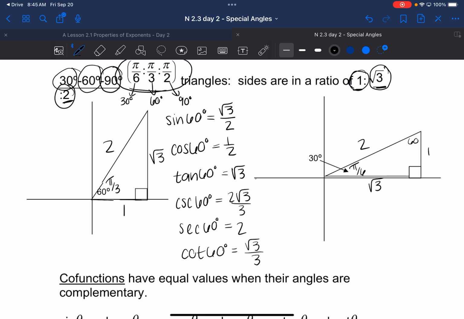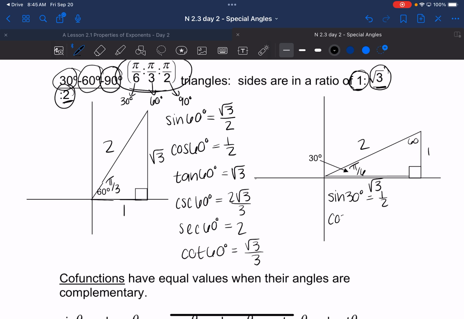Okay. So now we're going to provide the ratios for 30 degrees. So I'm going to have sine of 30 degrees, which is going to be y over r. What's y over r here? 1 over 2.